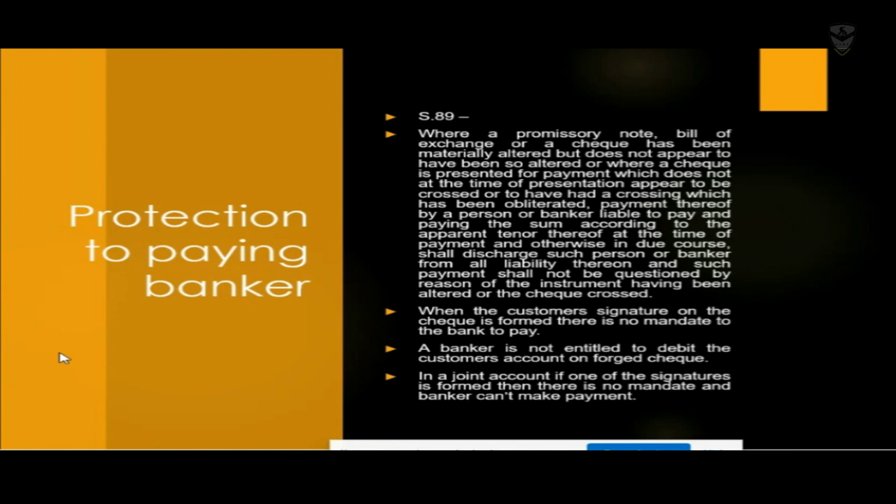The question is that if there is an alteration in the check, and the bank makes the payment, is the bank liable? Section 89 says that if as per the bank's examination it appears that there is no alteration, and subsequently, on further examination, it is proved that there was an alteration, but apparently at first instance the bank felt that there is no forgery, there is no tampering, then the bank will get protection under Section 89.